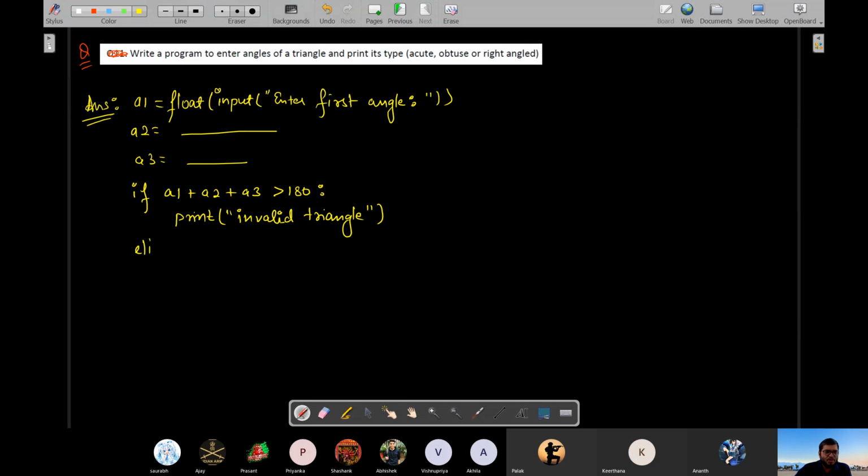Elif नहीं तो, if it has come to here, that means of course the sum of the angles is less than equal to 180. Okay, तब यहाँ पे चेक करेंगे. क्या था क्वेश्चन में? हाँ, टाइप acute, obtuse and right angle. Acute कब होगा ट्रायंगल?